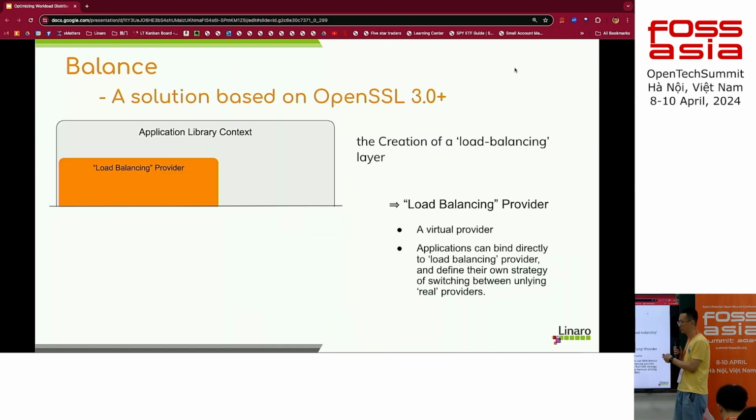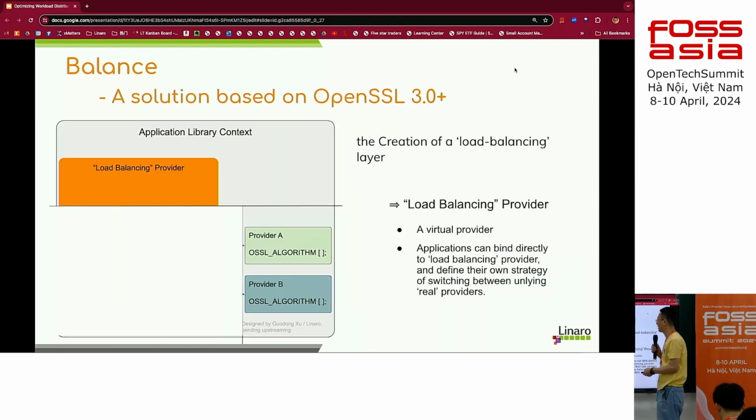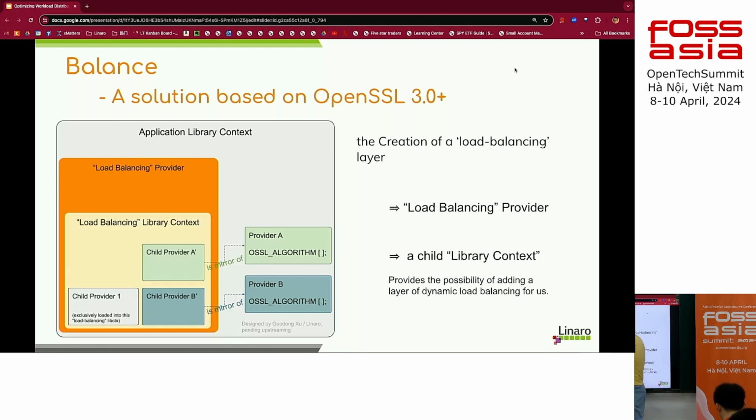Based on that, we do the balancing by implementing a load balancing provider. That's a special provider. Your application just needs to register with this single provider, and then you load the other providers into your application's context. Then the load balancing provider gets a mirror of the real providers.